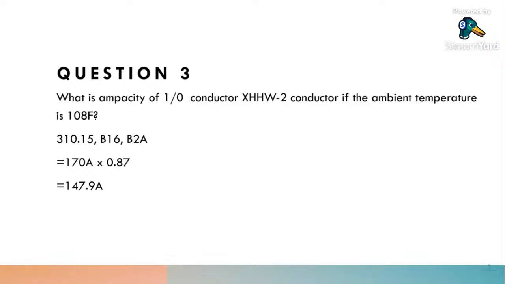So that is how this works to give us this adjustment. Right? So the effect of the ambient on the conductor reduces the value of 170 amps to 147.9 amps.